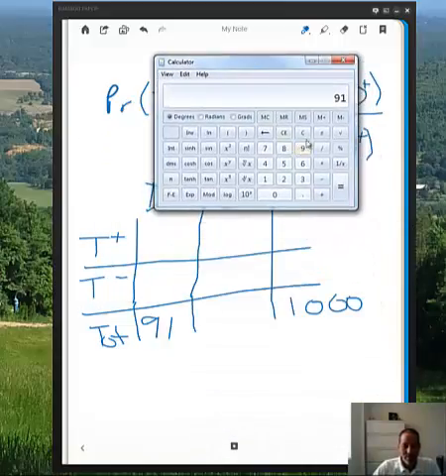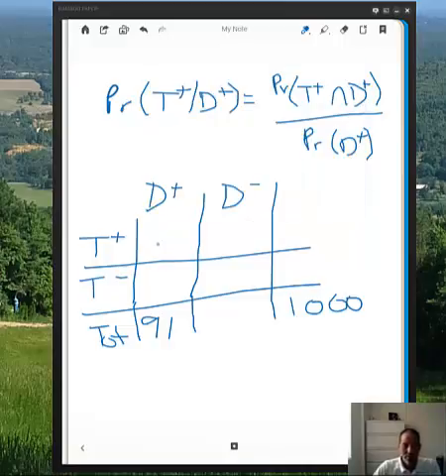So we multiply 91 by 0.75, and we get 68.25. Let's round that to the nearest whole number, so we got 68 individuals here.